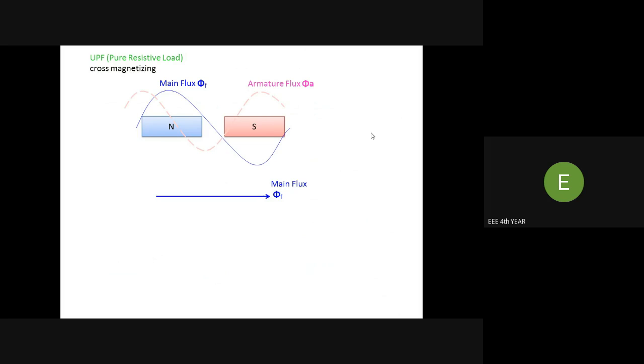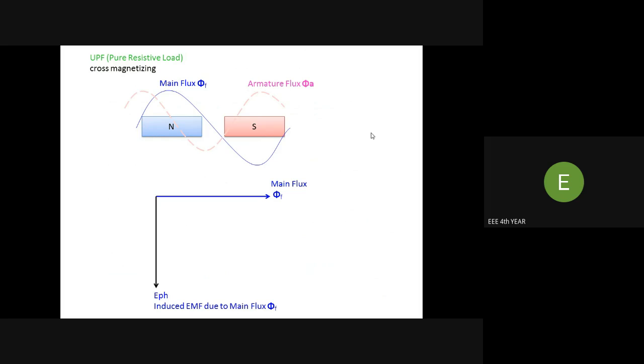First we discuss the pure resistive load. Consider a pure resistive load, where the north and south poles produce the main field flux. The armature flux produces a cross magnetizing effect. Why is this waveform available? Based on the phasor diagram. For the reference phasor, we take the field flux or main flux.